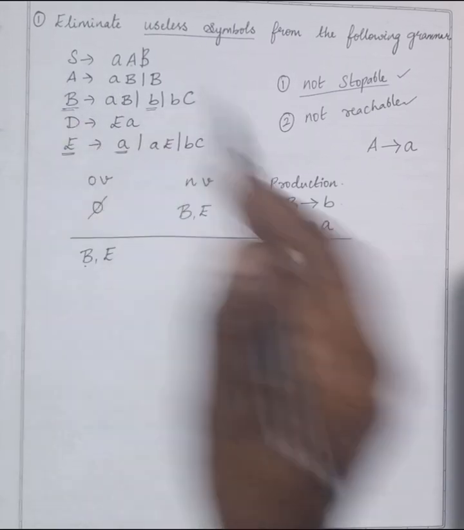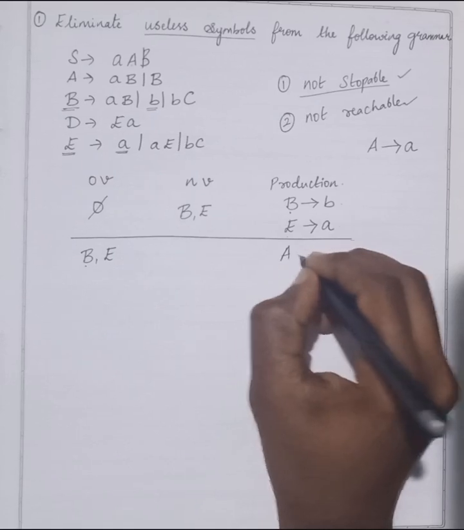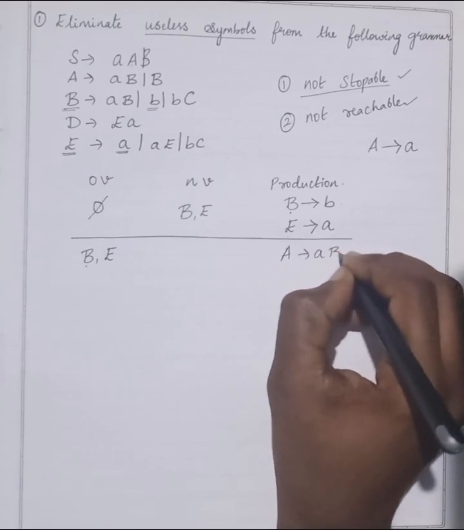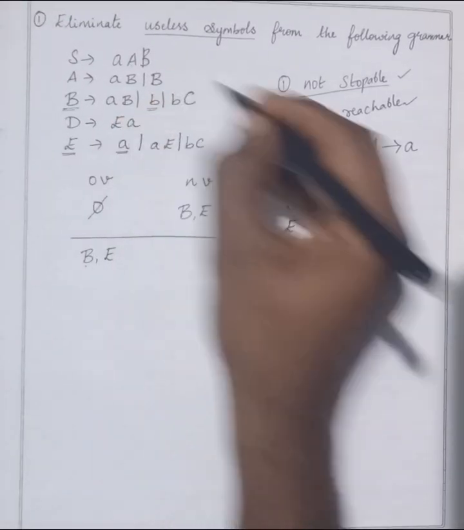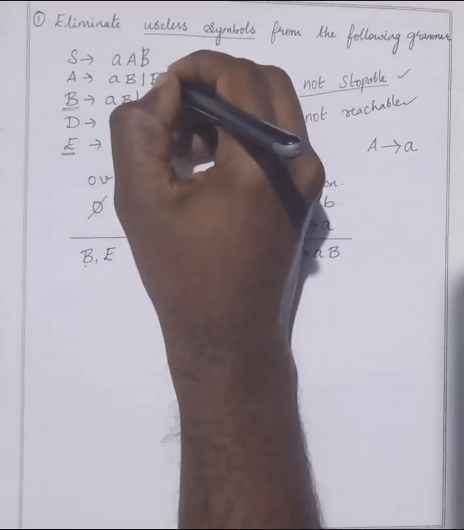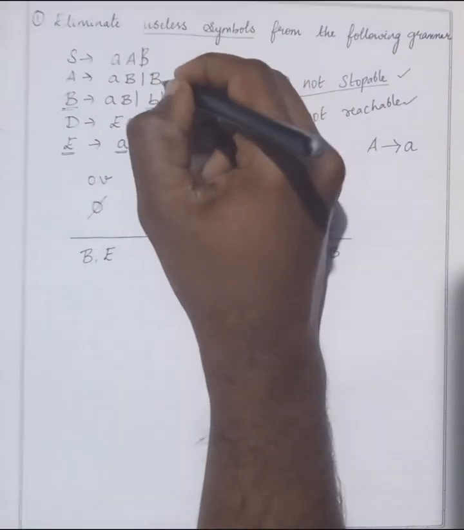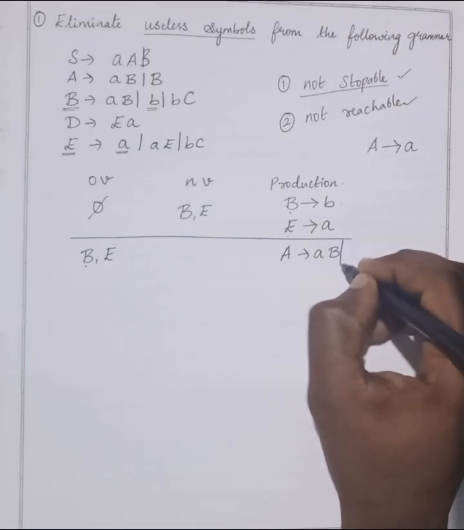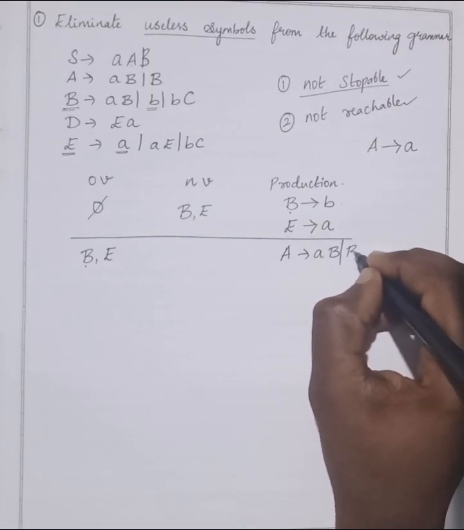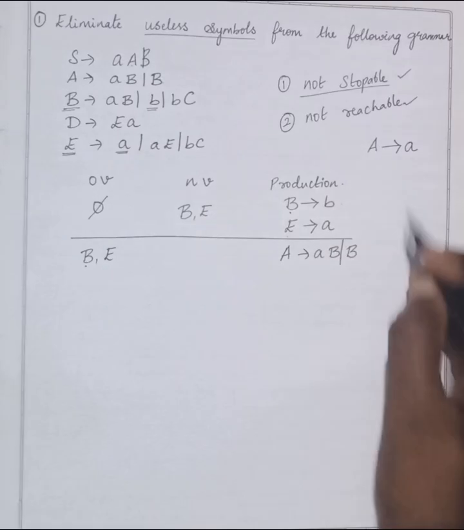So we'll consider this production, A derives aB. Again, if capital B can be terminated, then with only one capital B, that will also act as a terminal. So we can say that also, A derives capital B. So both the productions are eligible.